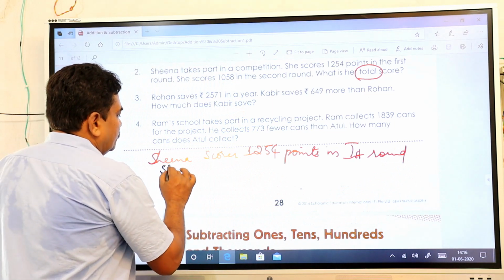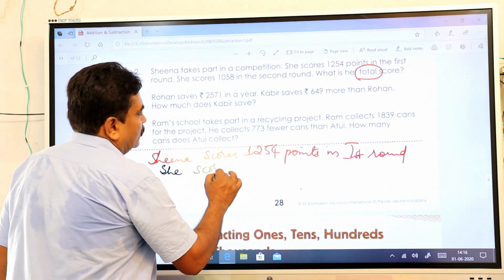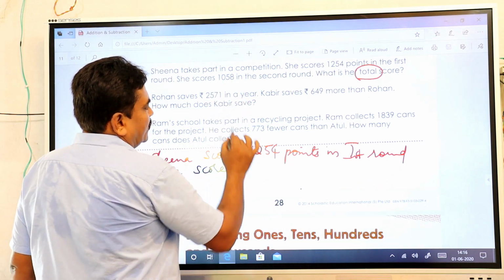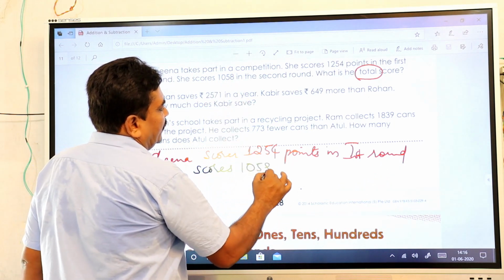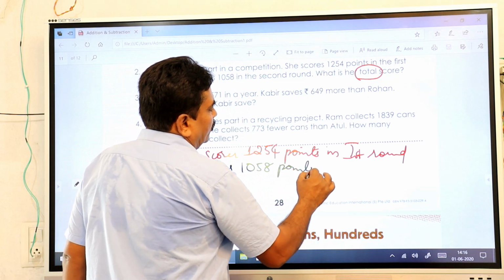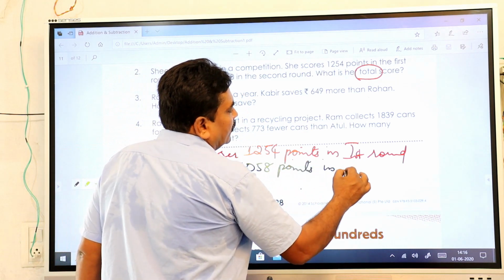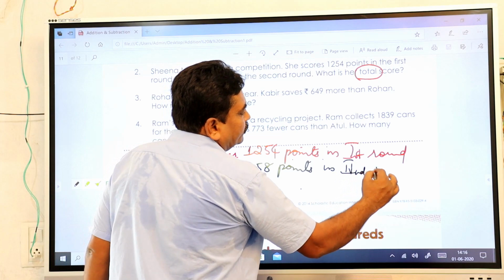She scores how many points? 1058 points in the second round.